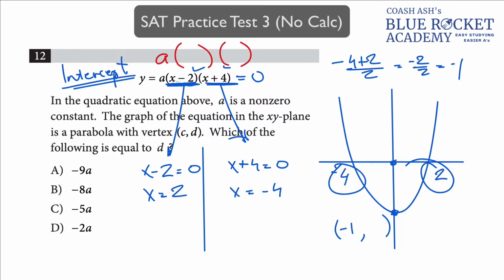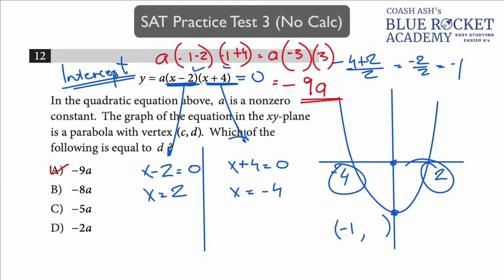So this part over here, you said x minus 2, and you've got x is equal to negative 1, so you put down negative 1 minus 2, and here you got negative 1 plus 4. And of course don't forget the a. Negative 1 minus 2 is negative 3, and negative 1 plus 4 is positive 3. So negative 3 times positive 3 is negative 9a. Negative 9a is the answer.